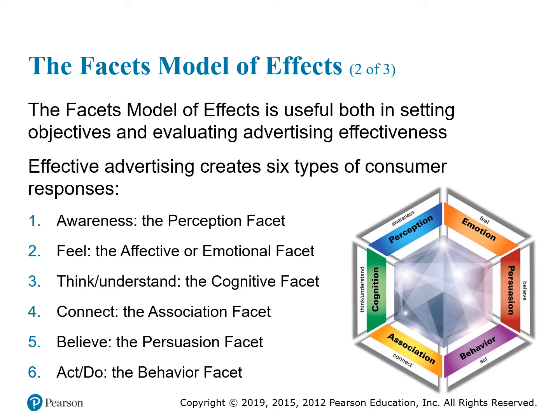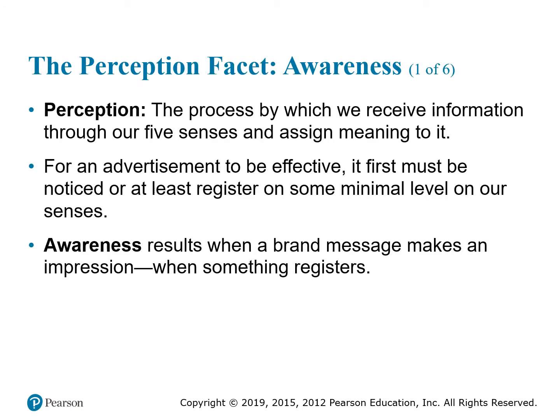One, awareness, that's the perception facet. Two, we feel, that's affective. We think and understand, that's cognitive. We connect or associate with the ad or the message. We believe and we're persuaded. And lastly, we act and do or buy. Let's break these down a little bit more in the chapter.